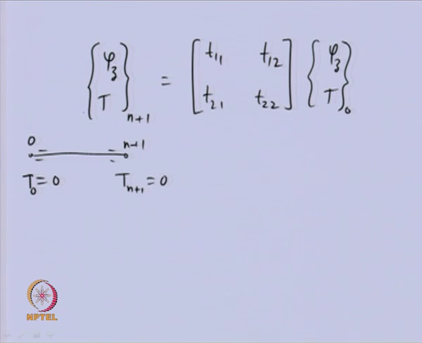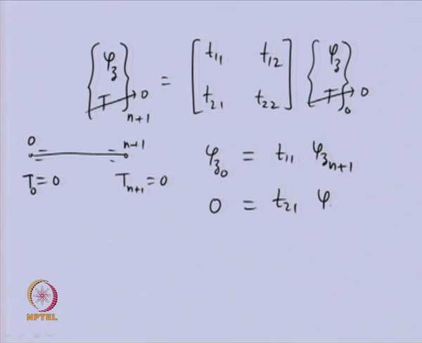So, you can see that this term will be 0 and this term will be 0. If we expand this equation, we will get the field variable at n plus 1 as T11 phi z naught, other term will be 0, and then 0 is equal to the second equation T21 phi z naught, and other term will be 0.